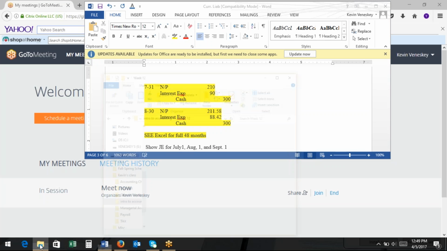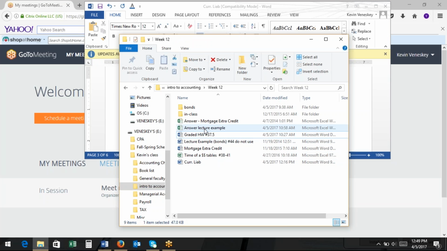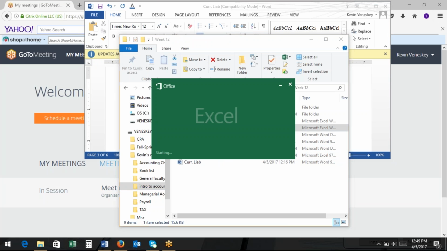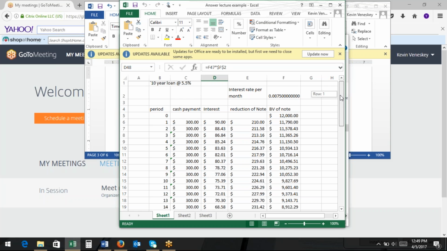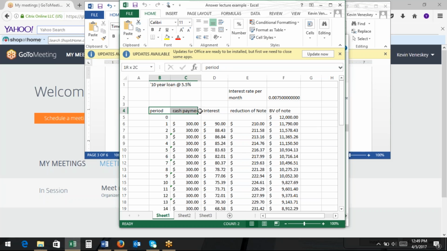Now to show you what this looks like full-blown, and this is easy to do. You can do this with any of your student loans, your car loans, and I actually recommend it. I would hope you do. I have the same type of headings up here: how much payment I'm making, the interest per that month, how much comes off my note.